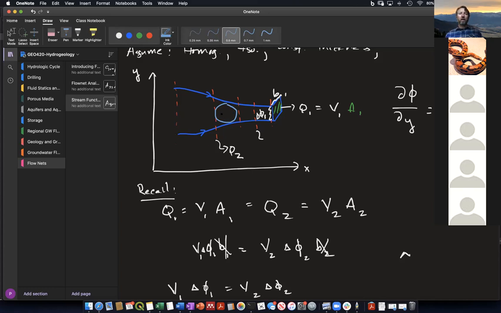You can't make this a square, but when you draw a curvilinear square, that circle means that this distance and this distance are the same in the center of this stream tube, and that essentially makes this relationship hold.